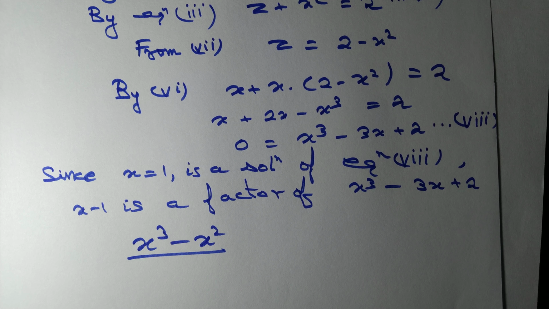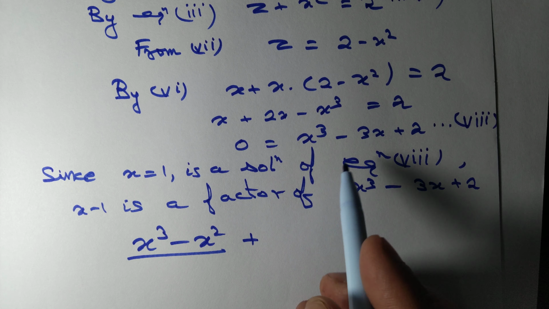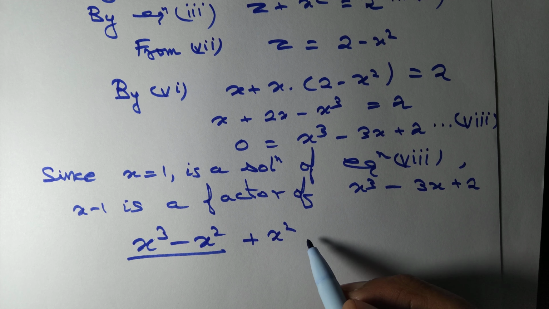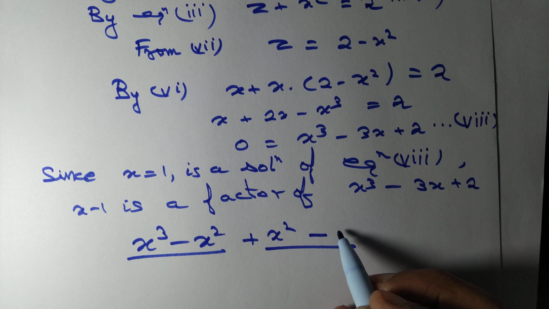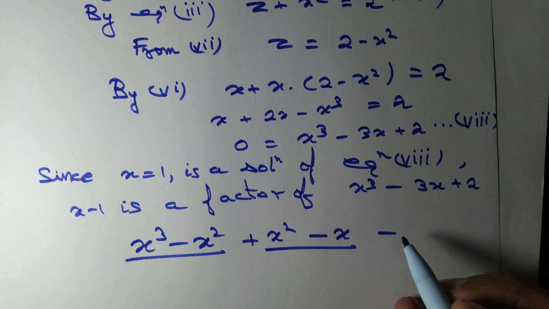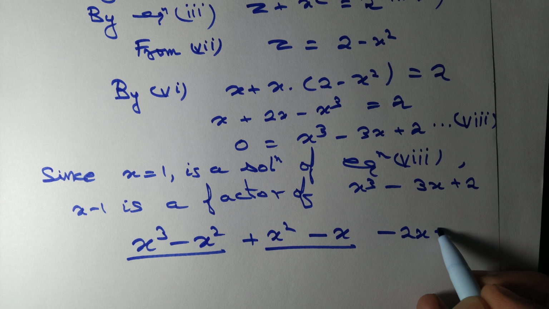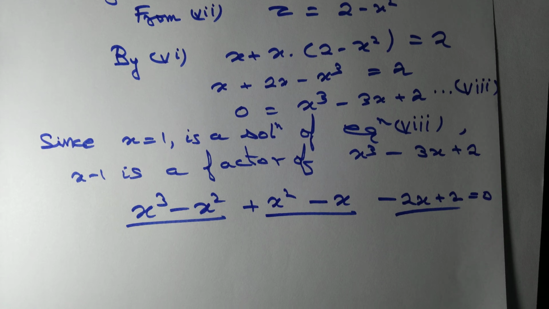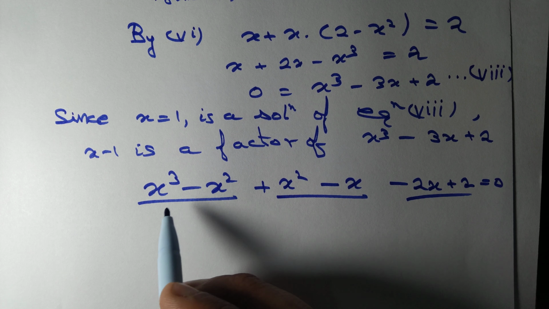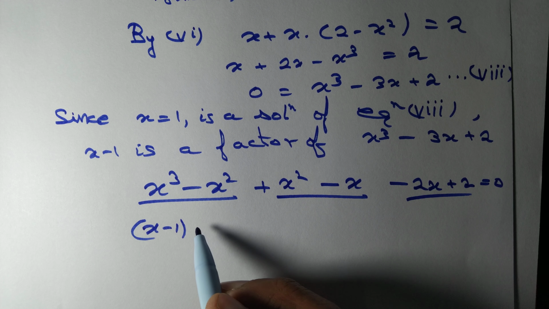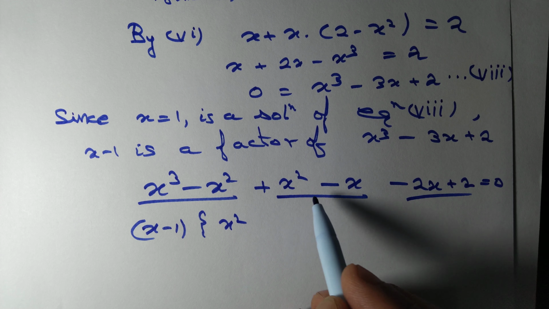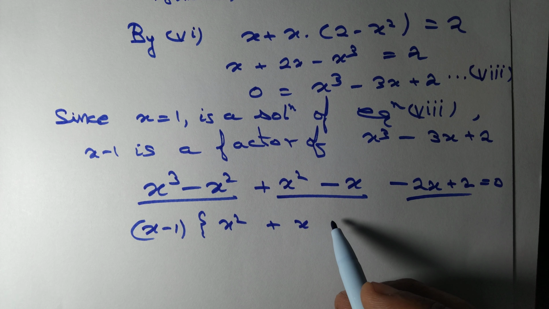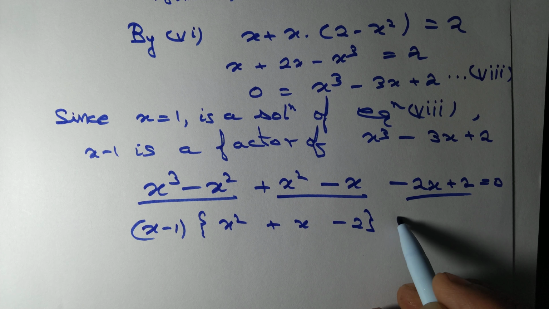We get x minus 1 as a factor, but we have to adjust it to make it equal. So we add x square, and then minus x square minus 2x plus 2 equal to 0. We take x minus 1 common, left out with x square; x minus 1 common, left out with x; x minus 1 common, left out with minus 2.